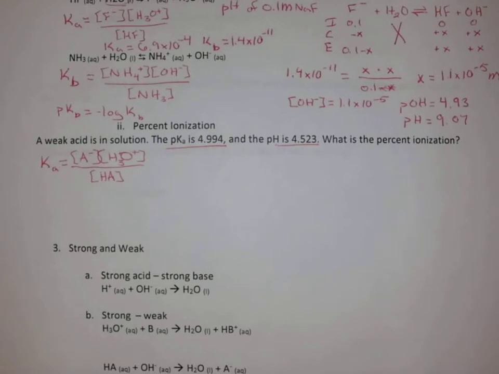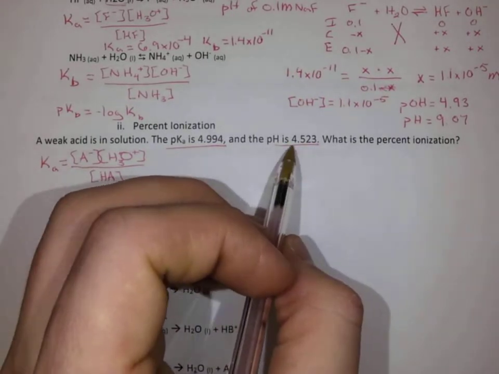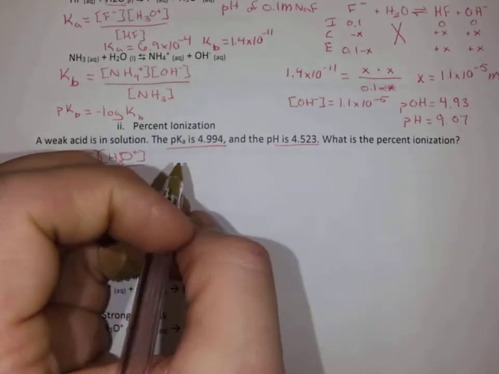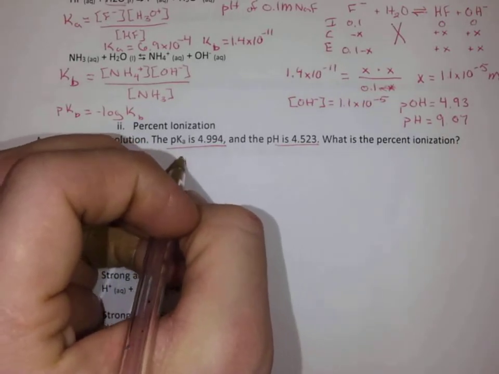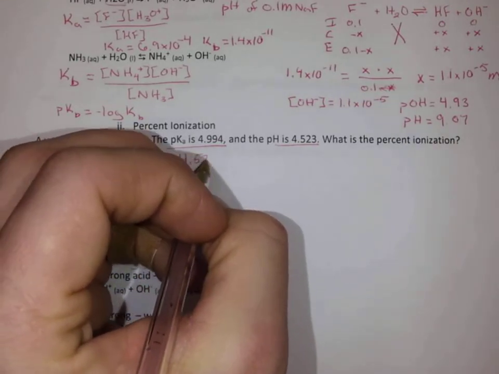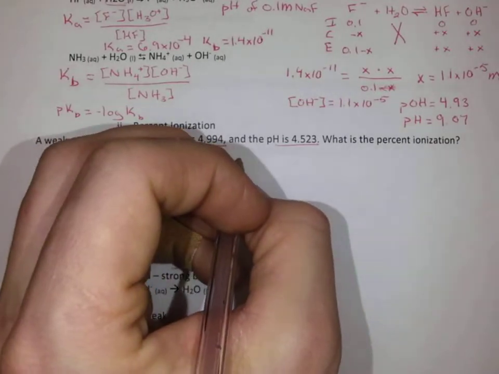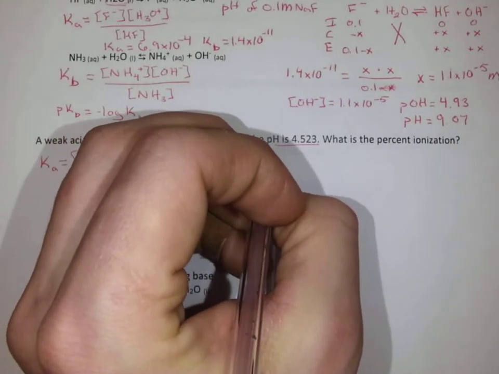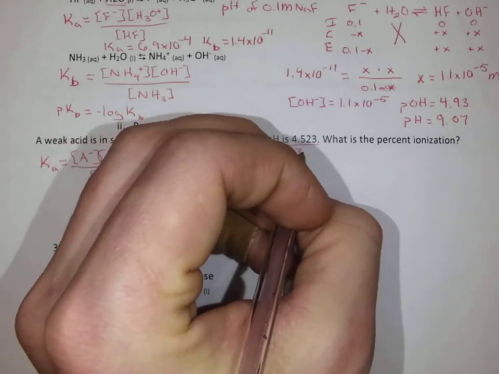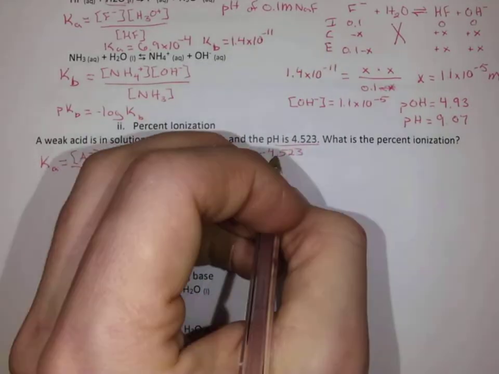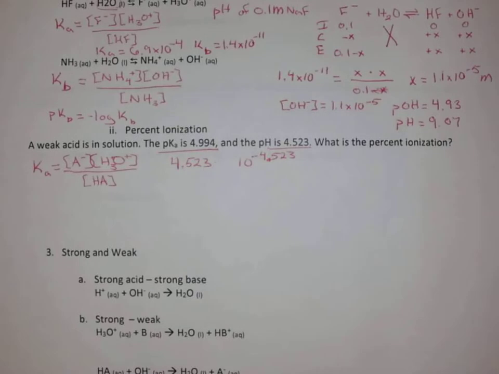Okay? So we go there, and now we know pH. That means that I can calculate my H plus concentration. So pH is 4.523. I want to convert that to my H plus concentration. So I'm going to do 10 to the negative 4.523. My number here should be somewhere between 10 to the negative fourth and fifth.